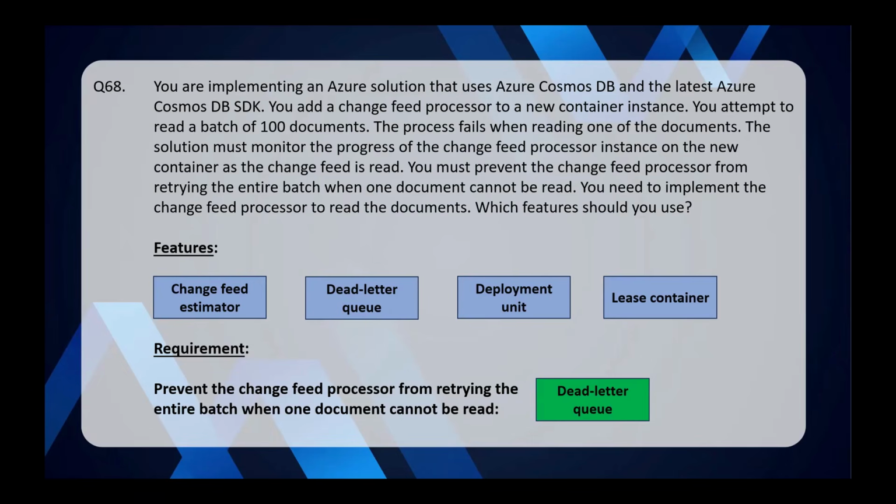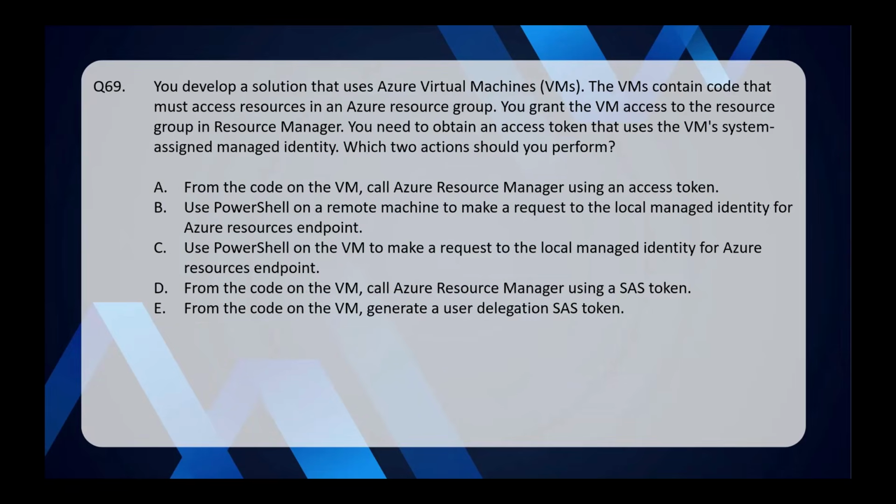Next question. You develop a solution that uses Azure virtual machines. The virtual machines contain code that must access resources in an Azure resource group. You grant the VM access to the resource group in Resource Manager. You need to obtain an access token that uses the VM's system assigned managed identity. Which two actions should you perform? Your options are: from the code on the VM, call Azure Resource Manager using an access token.